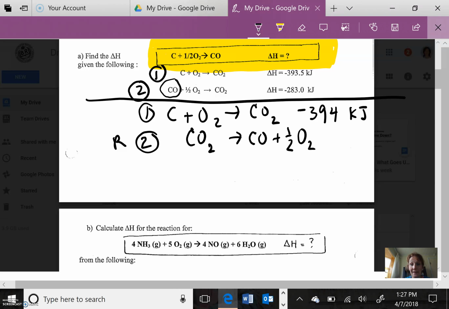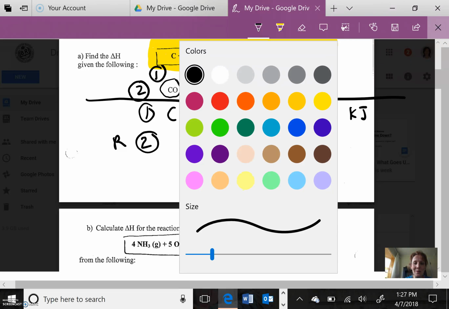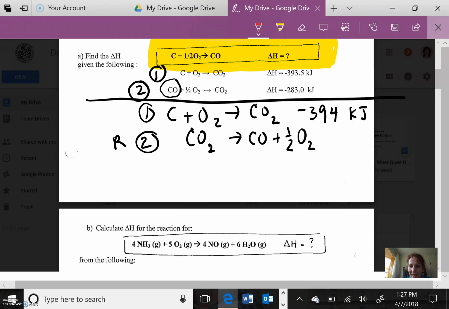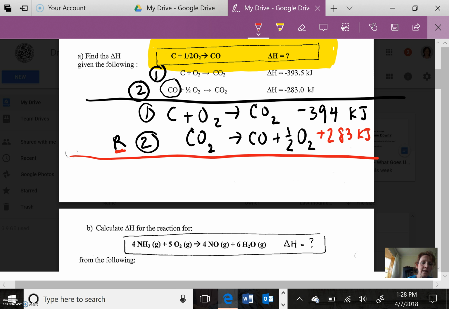Now, I'm going to turn on the red marker. Don't forget that if you reverse a reaction, you must also reverse the sign of the enthalpy of reaction. So I'm going to write down a positive 283 kilojoules. Great. Now I'm going to add the two and see if I get what I'm trying to solve.